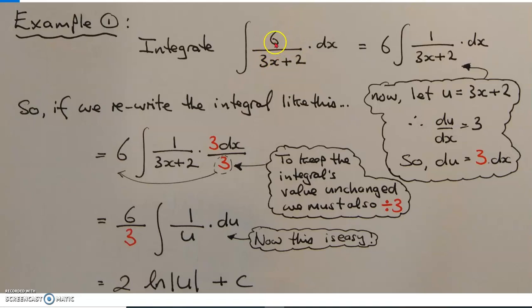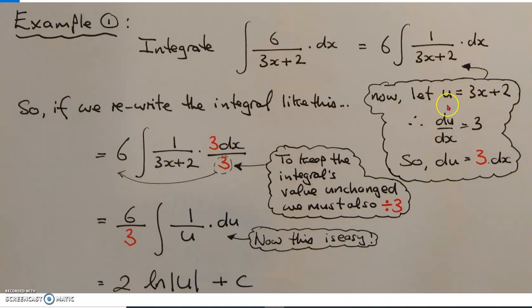Well, the first thing you do is this 6 on the top is like a constant, and you can bring that constant outside the integral sign. So really what you're integrating is 1 over 3x plus 2. Well, you can see immediately that that's getting very close to this 1 over something to be integrated. And what we do is this. We let this 3x plus 2 be equal to u, or you let u equals 3x plus 2.